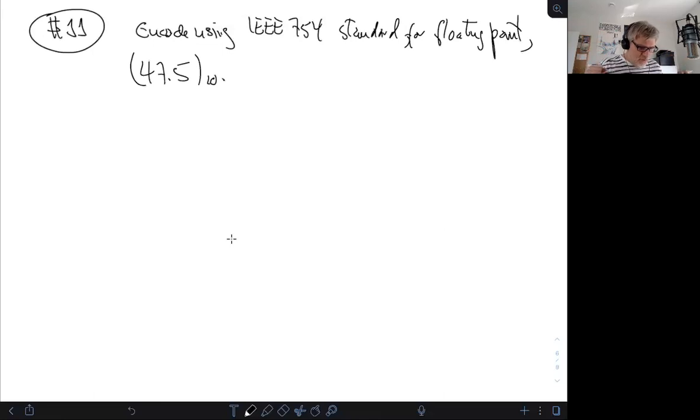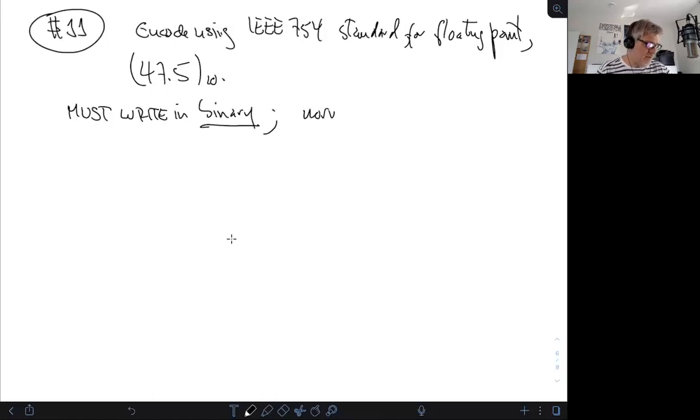So the steps are as follows. You need to write this in binary. That's the first thing. And not only in binary, you have to write it in normalized exponential form in binary.